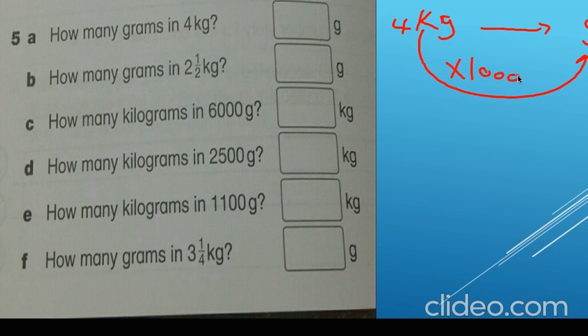Multiply with 1,000. So, the answer will be 4,000 grams. Here, write it here, 4,000 grams. Okay, B.